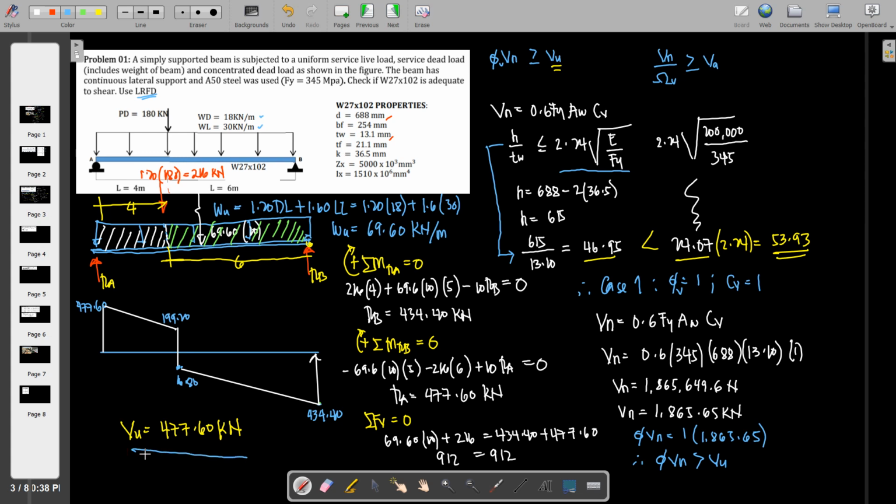So malayo siya, no? So malayong mas mataas yung ating phi Vn. So therefore, we can conclude that the section is safe in shear. Okay, so that's it for this problem. So moving on to the next problem.